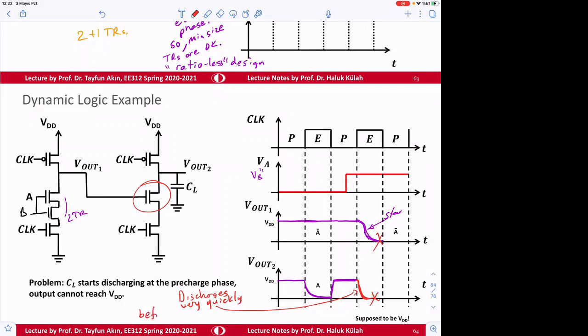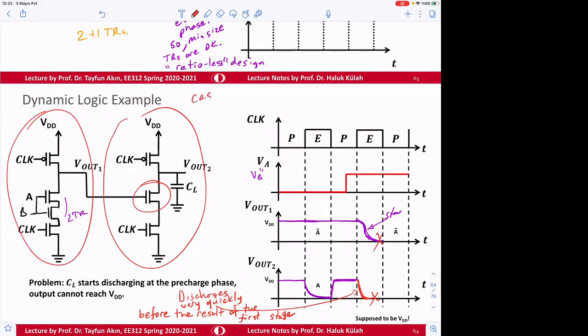Before the result of the first stage. Therefore, we cannot really cascade.